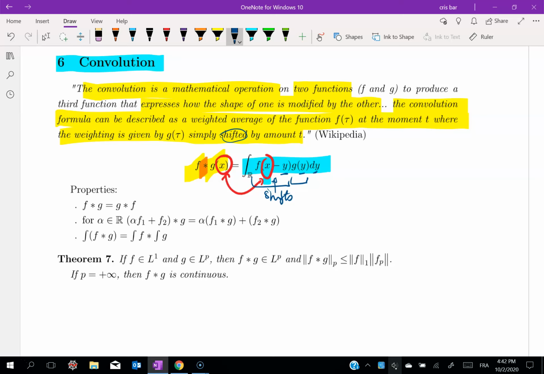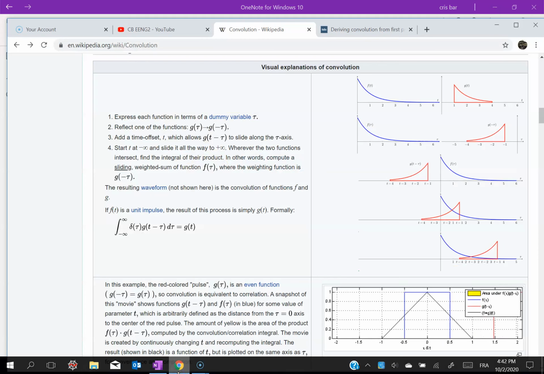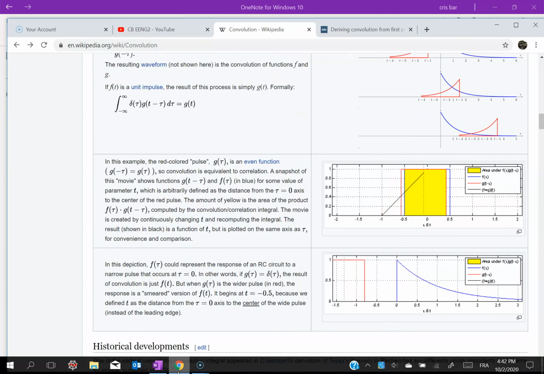Before we do some actual computation, let's have a look at the Wikipedia page again, because you've got some nice visual explanations. We've got two functions. Let's look at the animation here. On that first graph, you've got that blue signal, which would be the f here, but in the formula I've given, it really looks like the g.